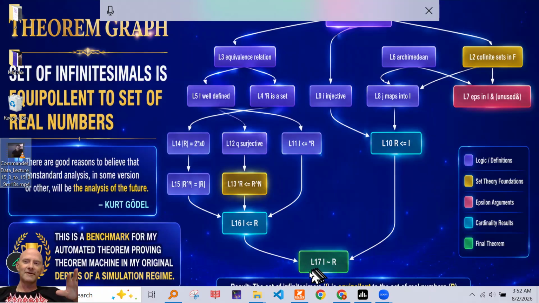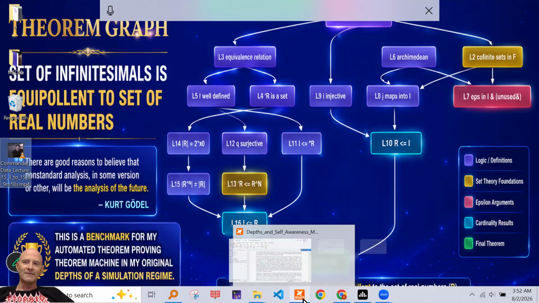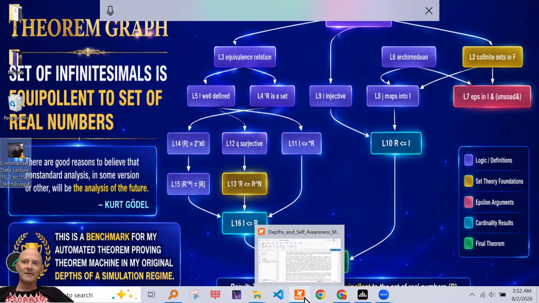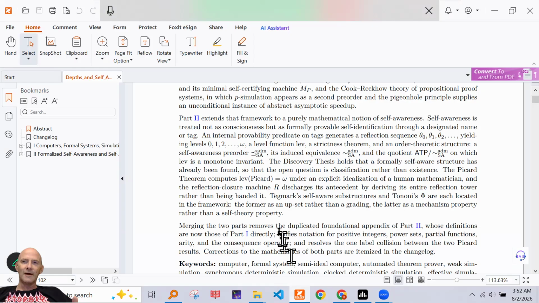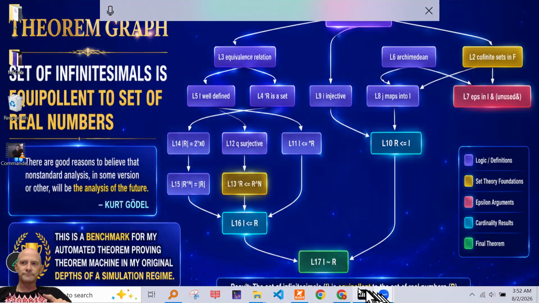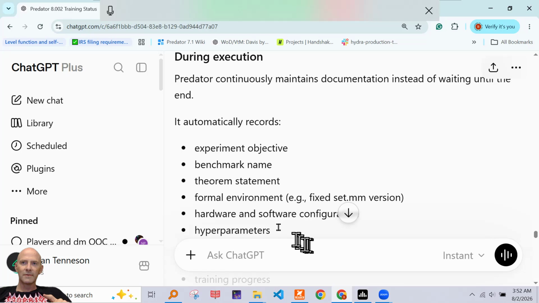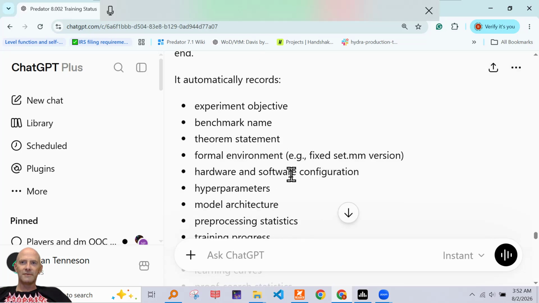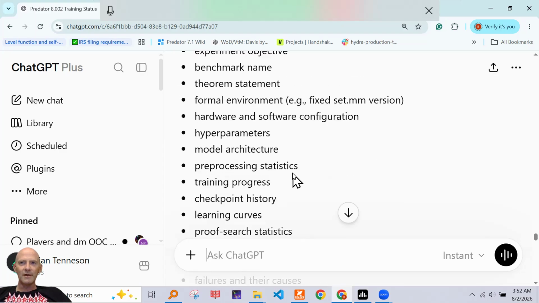Or, I do, but I care about Max Tegmark's several substructures. I definitely care about those. But there are some secrets.